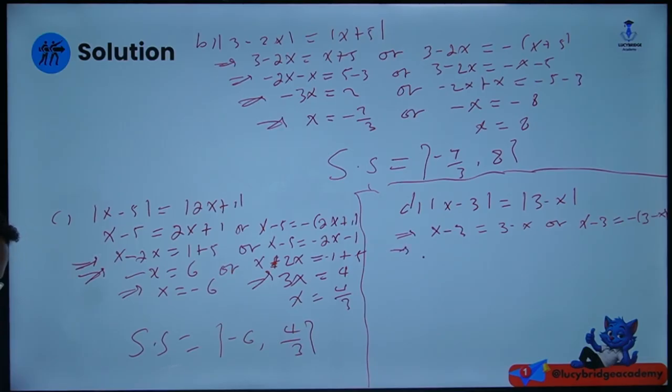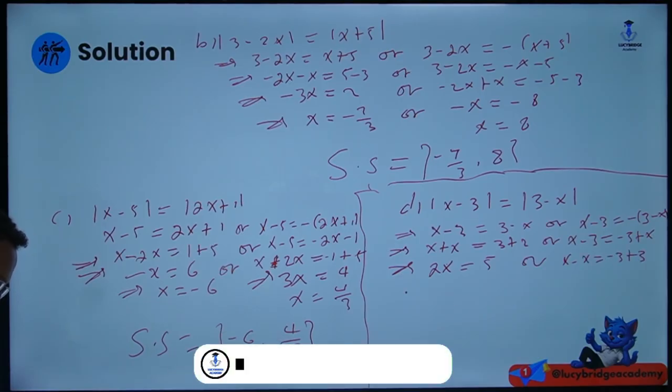Collecting like terms, x plus x is equal to 3 plus 3, so 2x is equal to 6. Or x minus 3 is equal to minus 3 plus x, so x minus x is equal to minus 3 plus 3.